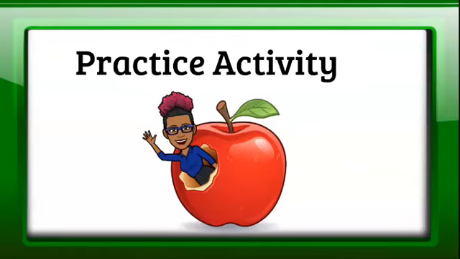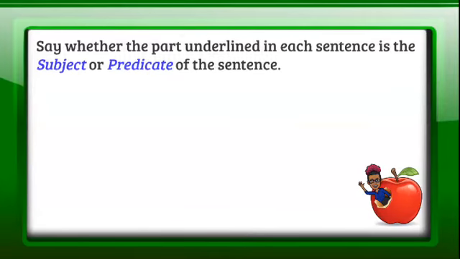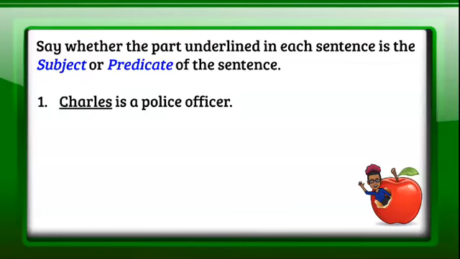So let's move straight on into our practice activity. Now we have to say whether the part underlined in each sentence is the subject or predicate of the sentence. Our first sentence, Charles is a police officer.